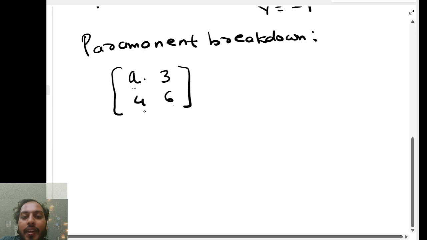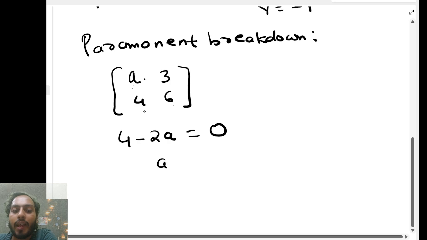So what should A be here? I need to choose the number so that when I take 2 times this number and subtract it from A, it should be 0. A should be 2, right? You can check it out.